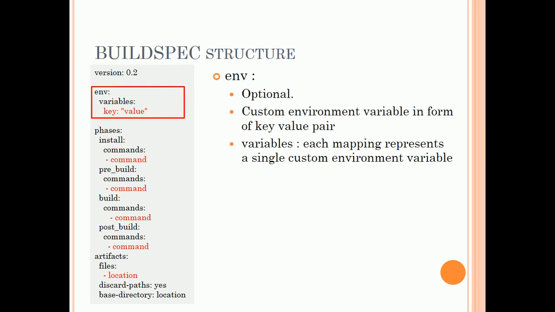The second sequence is env. Env is the optional sequence. It represents the custom environment variables in the form of key value pairs. The subsequence of env is variables. Variables will have the key value pairs and each mapping will represent a single custom environment variable and its value.